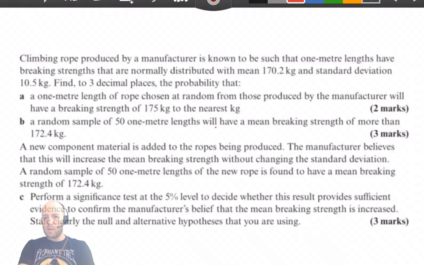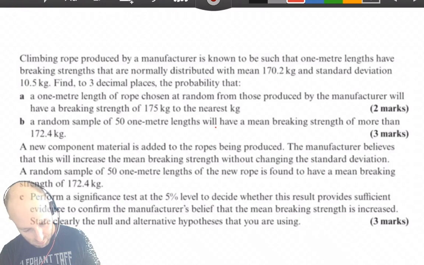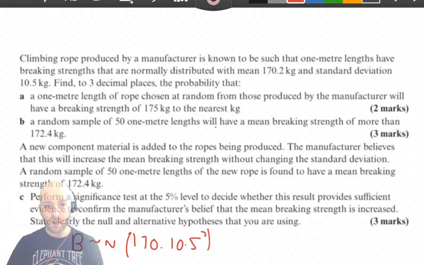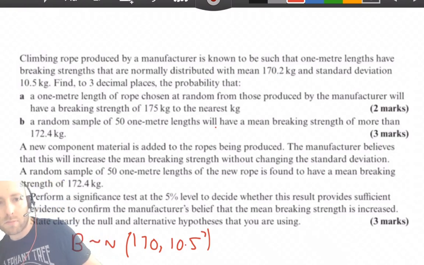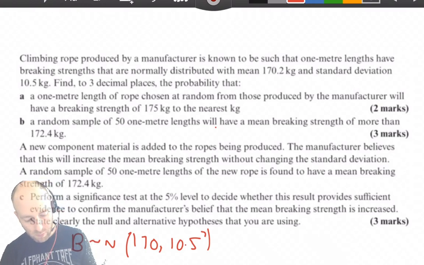Yeah, which bit, Lucas? How do you do normal PD for part A? Okay. I'll write it down at the bottom here. Breaking strength: 170 and 10.5 squared. We want to find the probability it has a strength of 175.